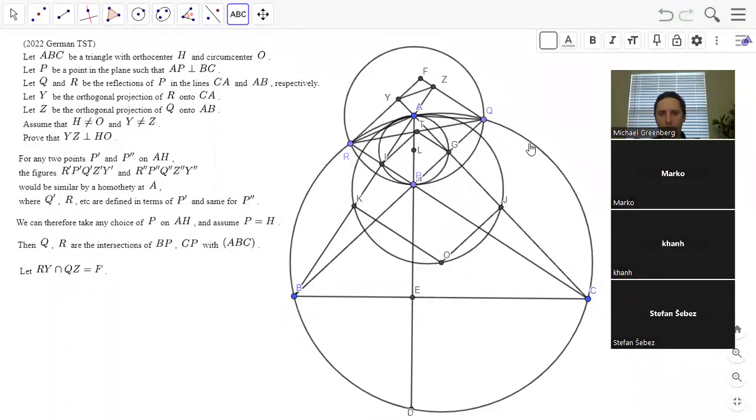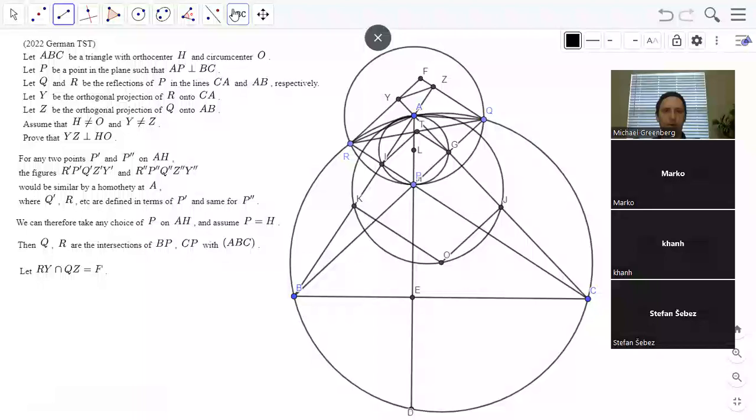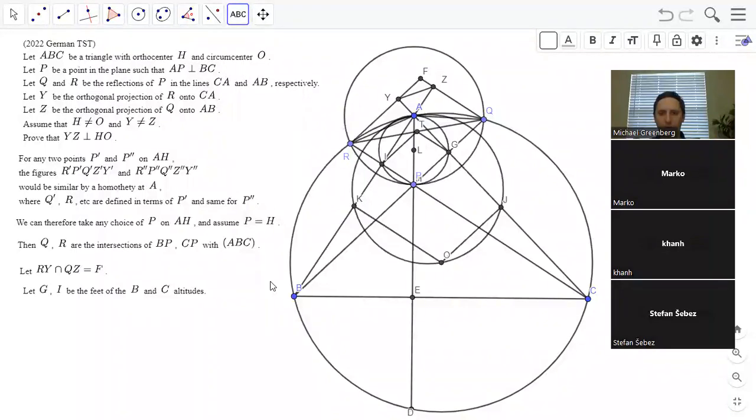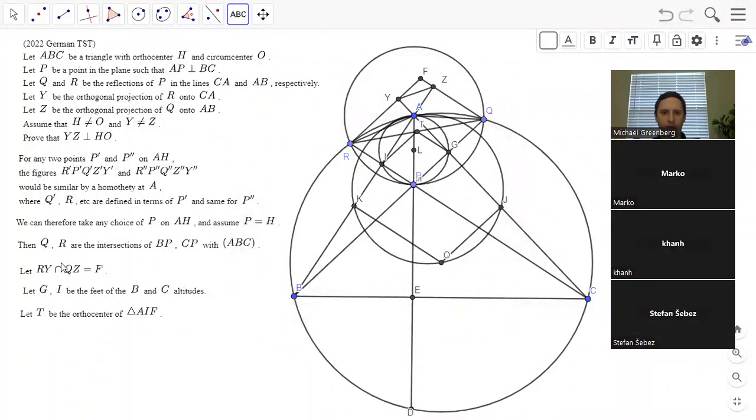So let T be the orthocenter of AIG. So I and G are the feet of the perpendiculars from B and C. It'll show that T is actually the midpoint of RQ, and therefore it's also the midpoint of FP.